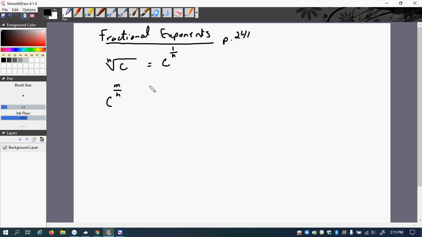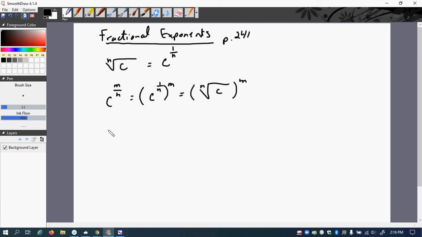When you have a fraction in the exponent, you can rewrite it as c to the 1 over n exponent to the m, because if you multiply, you get right back to this. Or you could write it in radical form, where you have the nth root of c to the m.